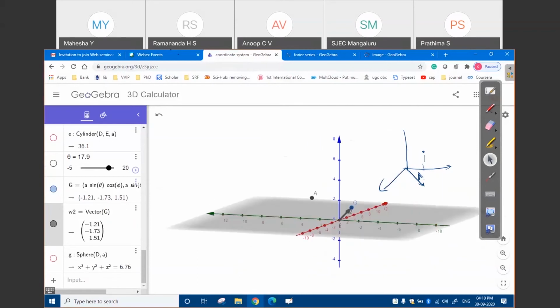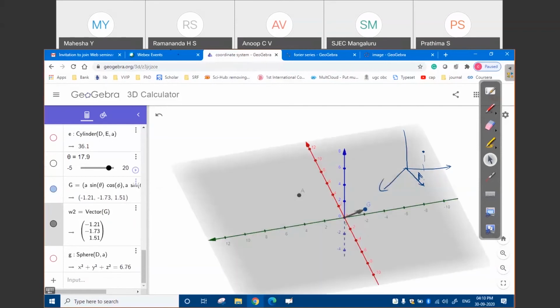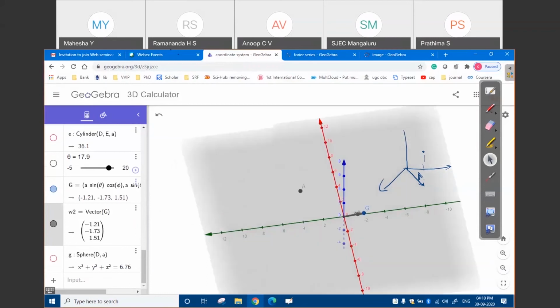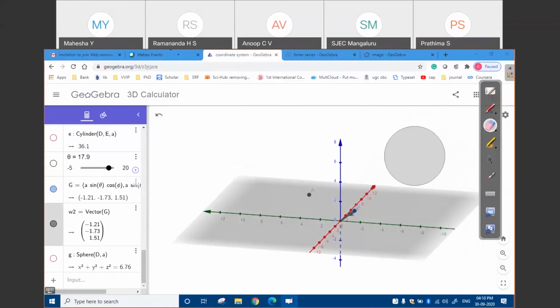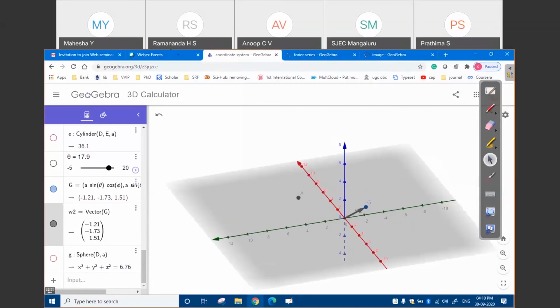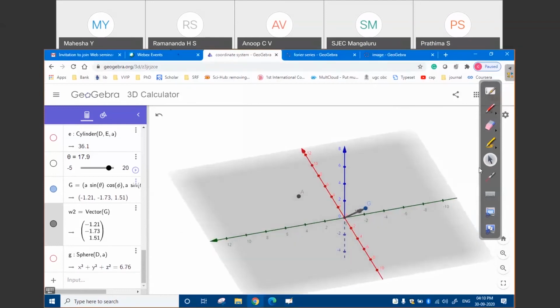That's how I can reach that point, again using three parameters. In the earlier cases, we used three parameters. In the first case, we used x, y, z. In the second, we used rho, phi, z. In the third case, I am using another set of parameters called r, theta, and phi.